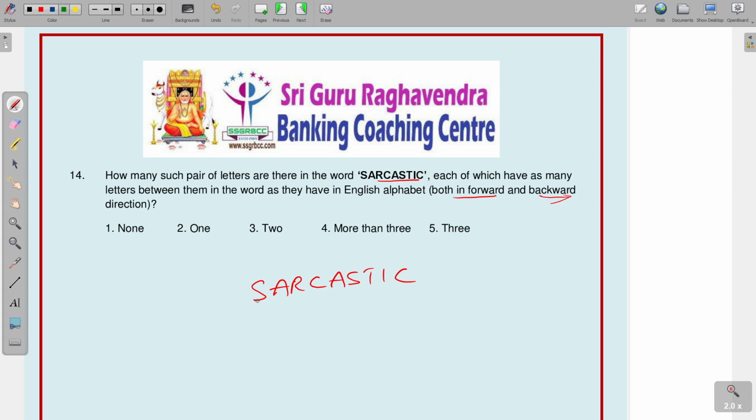Starting from A, S, T, U, V, W, X, Y, Z, A, B, C. So A and C, one pair has come. Then R, S, T, U, V, W, X, and so on up to S, T. So S and T, 2 pairs are there. The forward direction is completed; next backward. If you observe, no pair comes backward, so only 2 pairs are there.